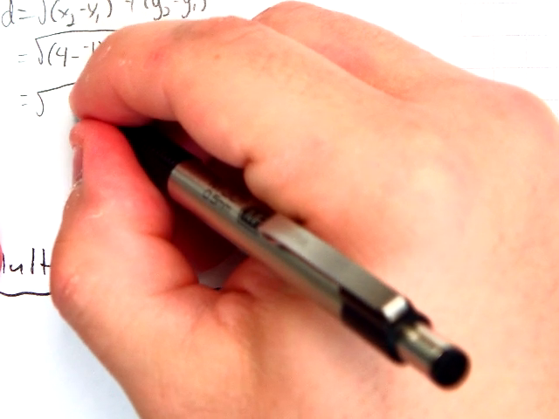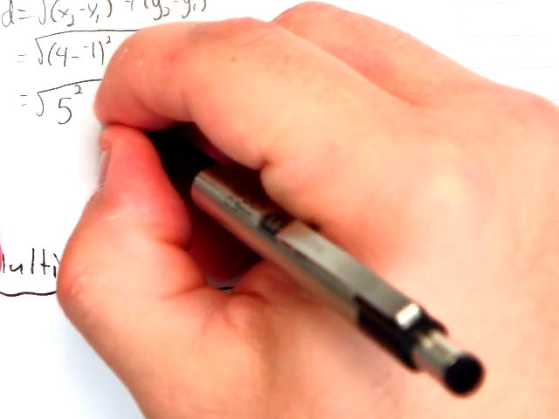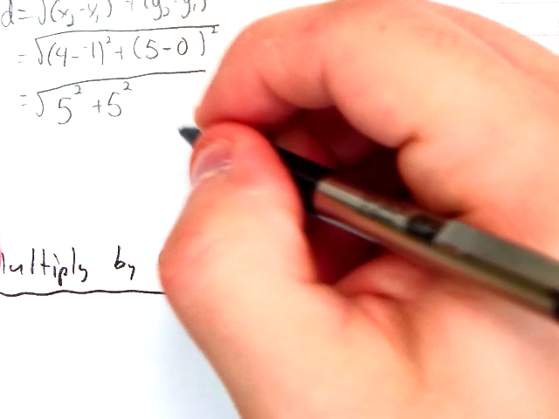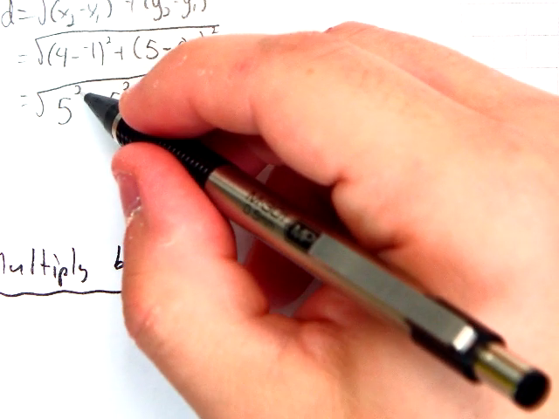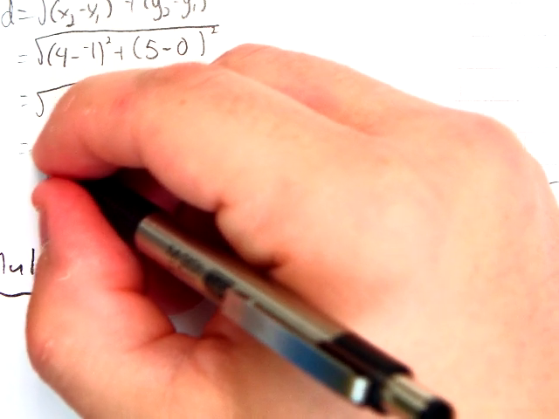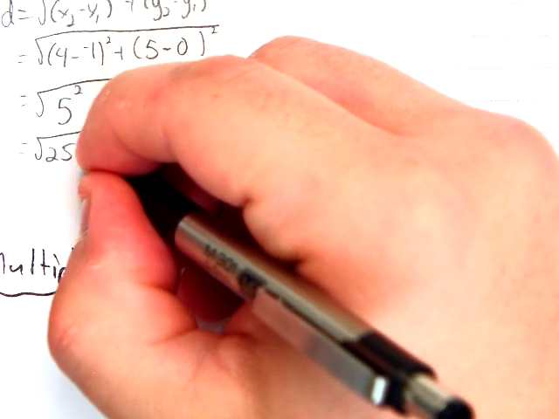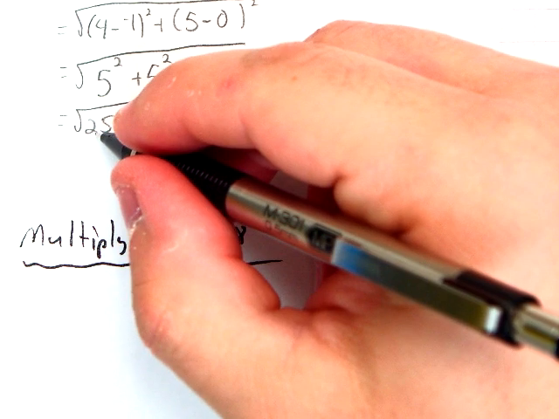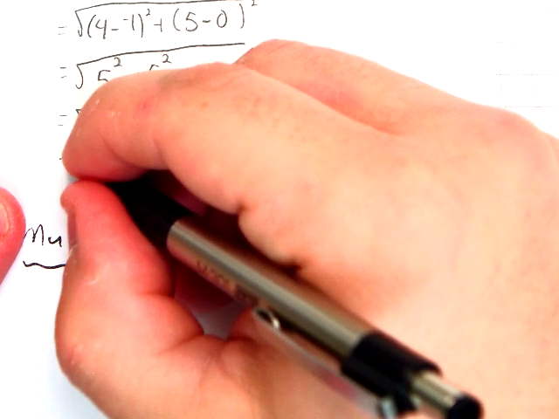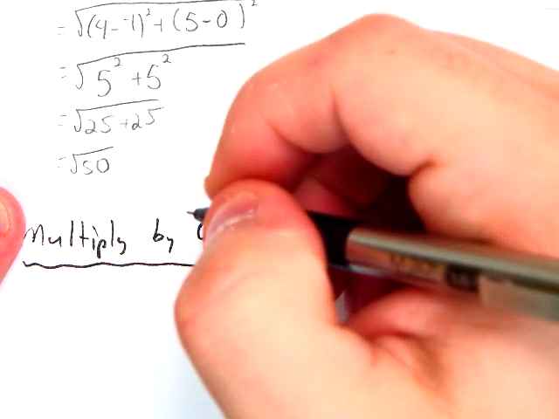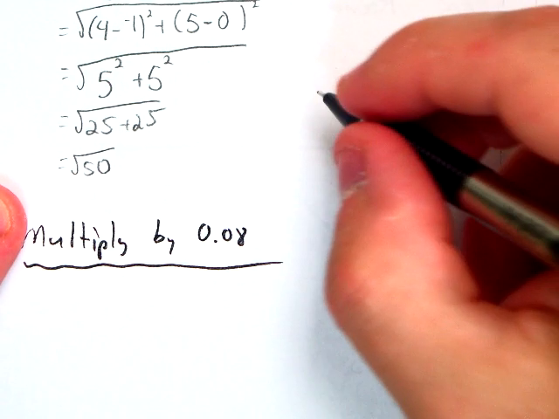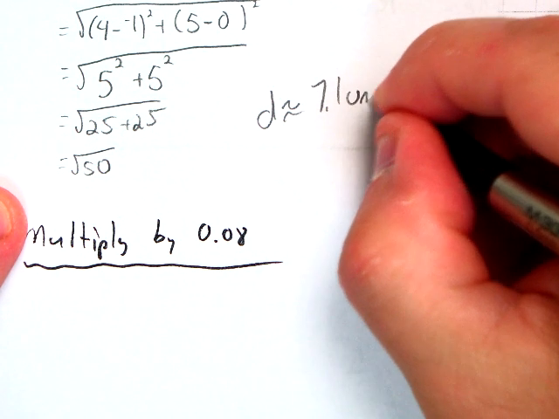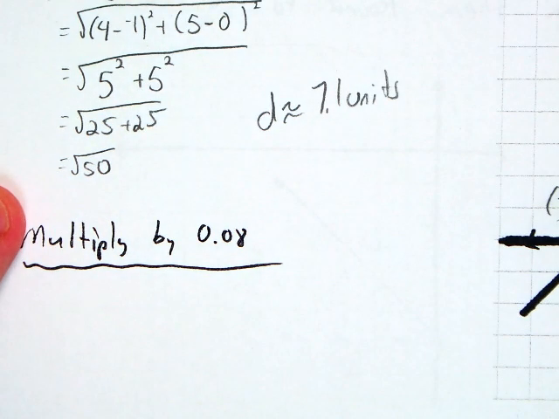So 4 minus -1 is 5, and 5 minus 0 is also 5. Exponents come next. So now I have 25 plus 25. I'm then going to add those two numbers together to get the square root of 50. And we did that on the previous slide. So d is about 7.1 units.